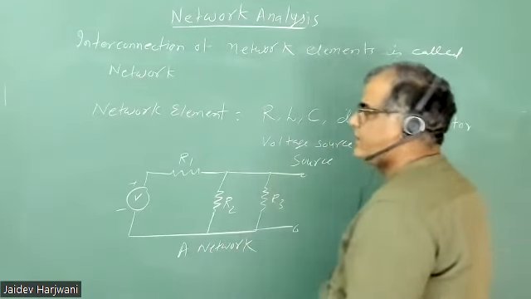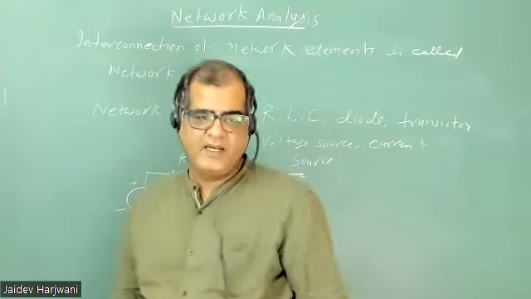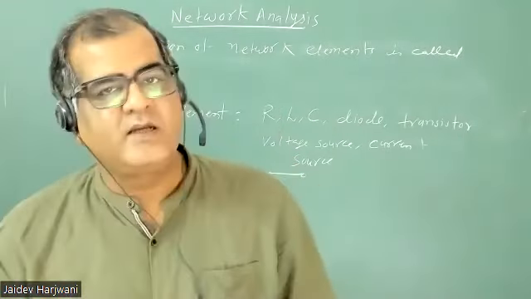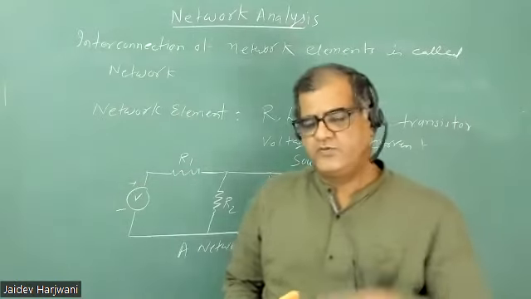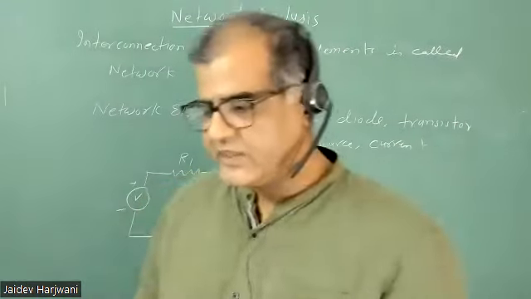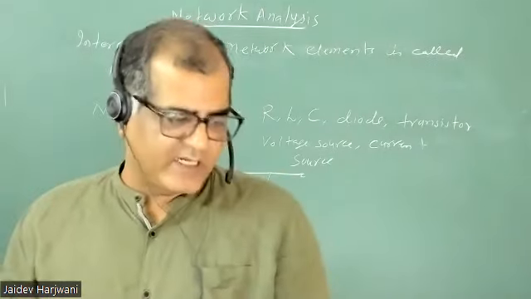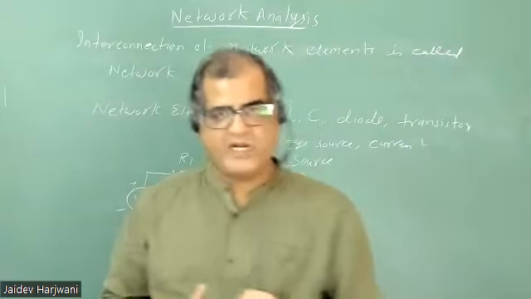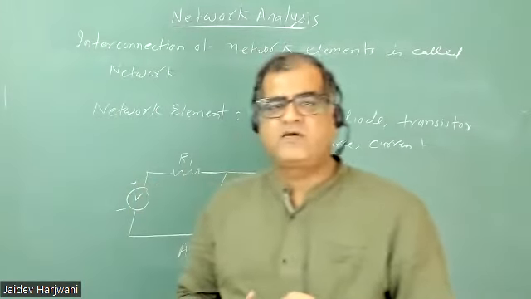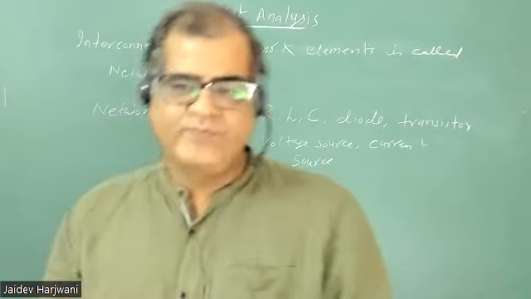Now, network and circuit are words interchangeably used in electronics, so generally we roughly call it a circuit. But network and circuit are not the same thing; there is a slight difference. The word circuit comes from circle.